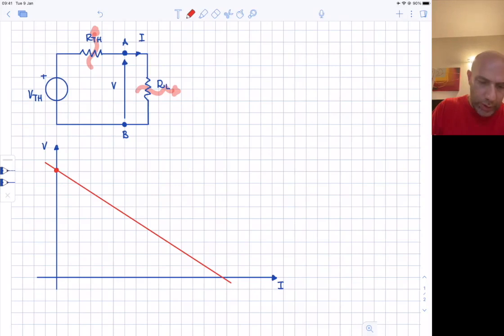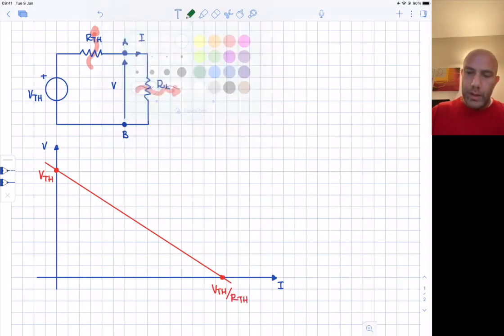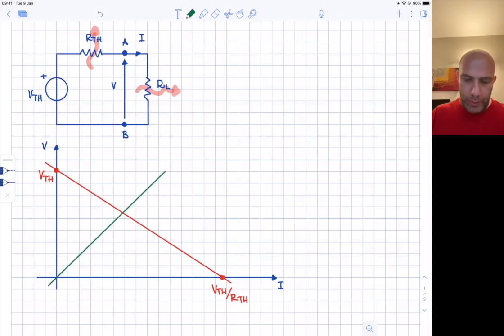The intersection with the V-axis is VTH, while the intersection with the I-axis is the short circuit current VTH over RTH. The characteristic of the load resistance is a straight line passing through the origin.